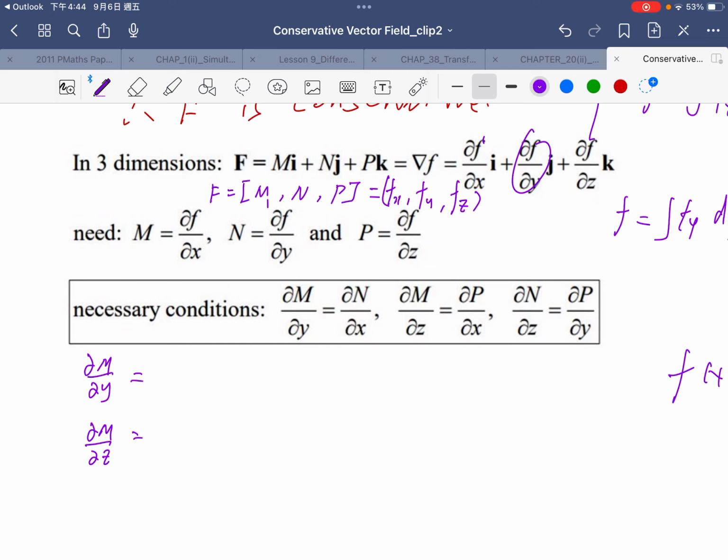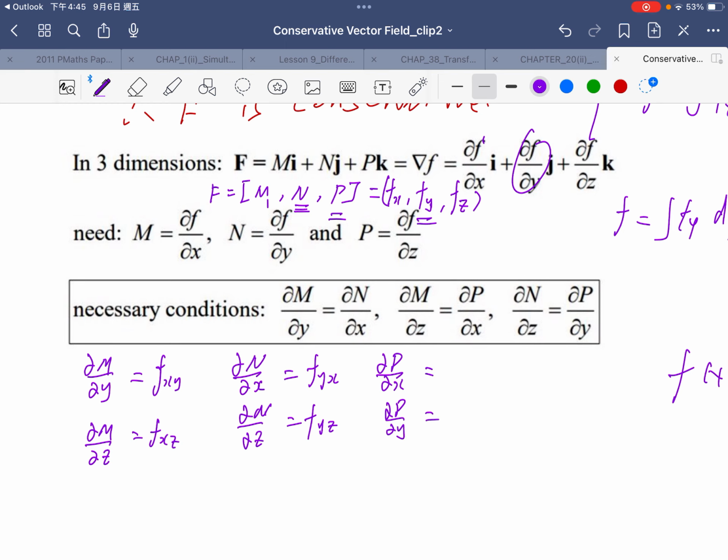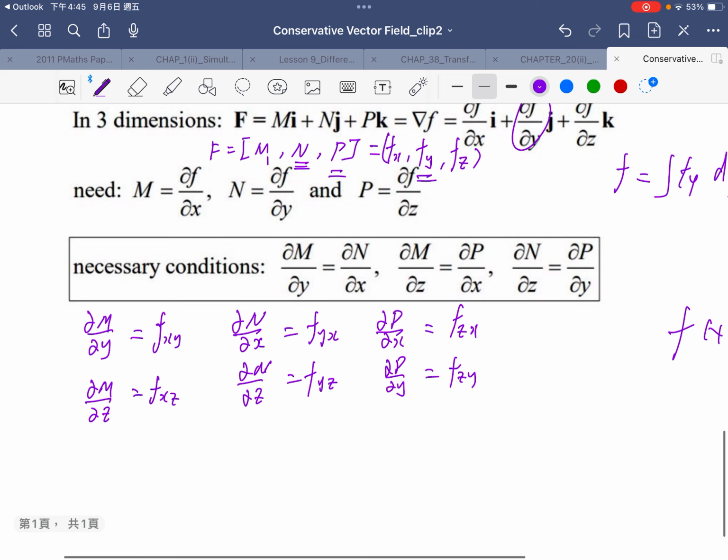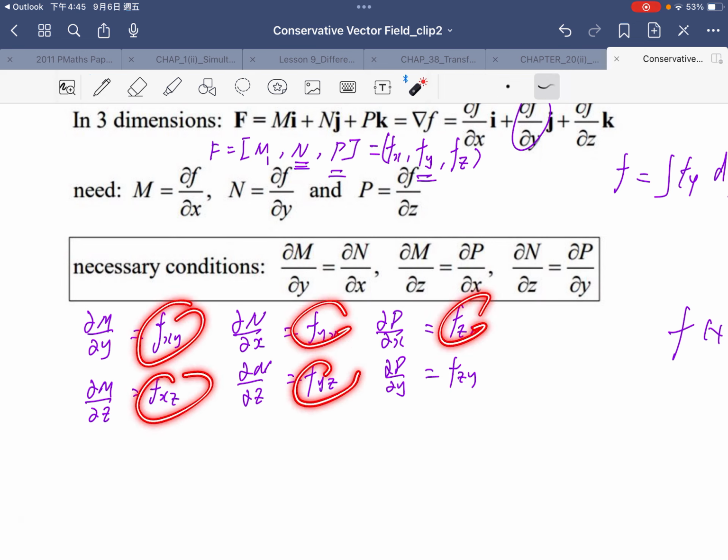It means the mixed partials fxy and fxz. For N, differentiating with respect to x and z gives fyx and fyz. Finally, for P, we partially differentiate with respect to x and y respectively, giving fzx and fzy. Comparing these six terms, the function should have continuous second derivatives.